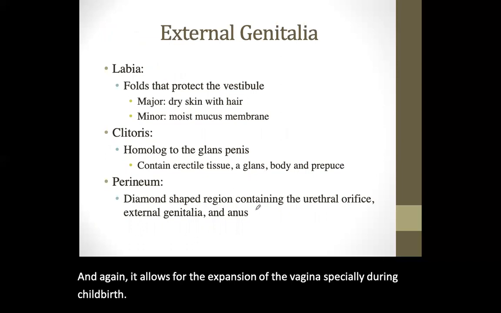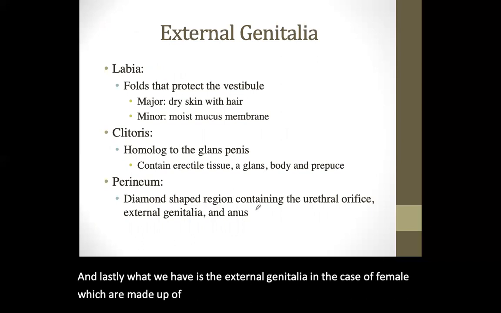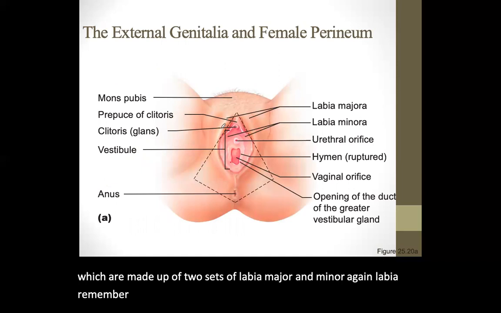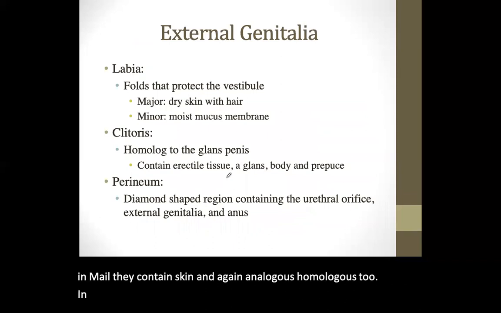And lastly, what we have is the external genitalia in the case of female, which are made up of 2 sets of labia, major and minor. Again, labia, remember, implies lips. So the outer lips is homologous to the scrotum in male. They contain skin, and again, homologous to the scrotum of male.